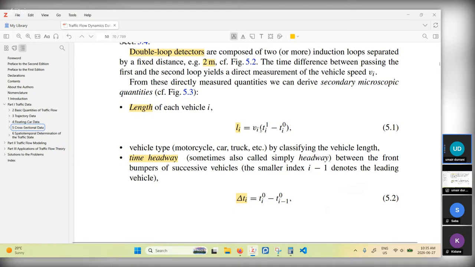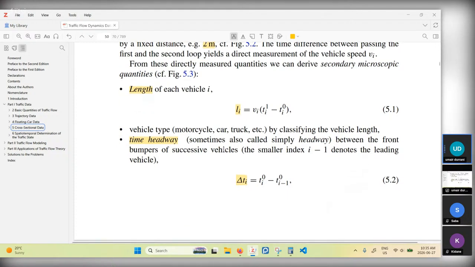So this tells us how long the vehicle was detected, multiplied with the vehicle speed. That will give us the length of the vehicle, because the distance that this vehicle has covered while it was inside the loop is the length.